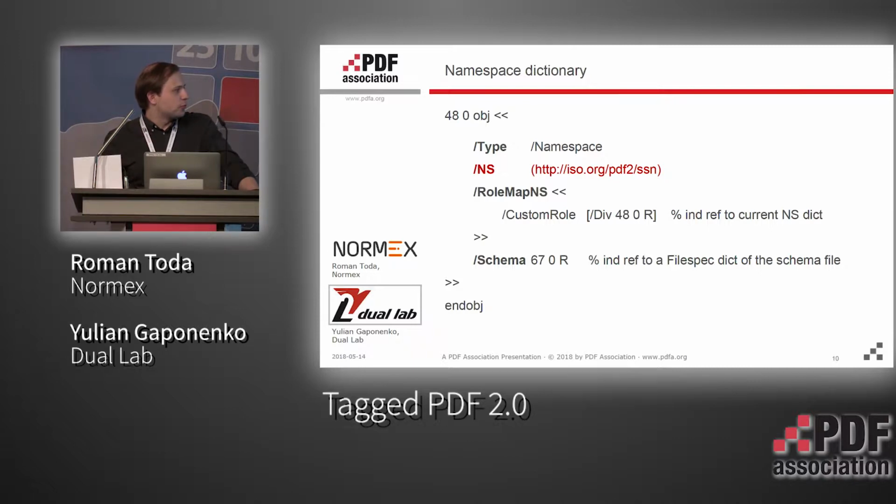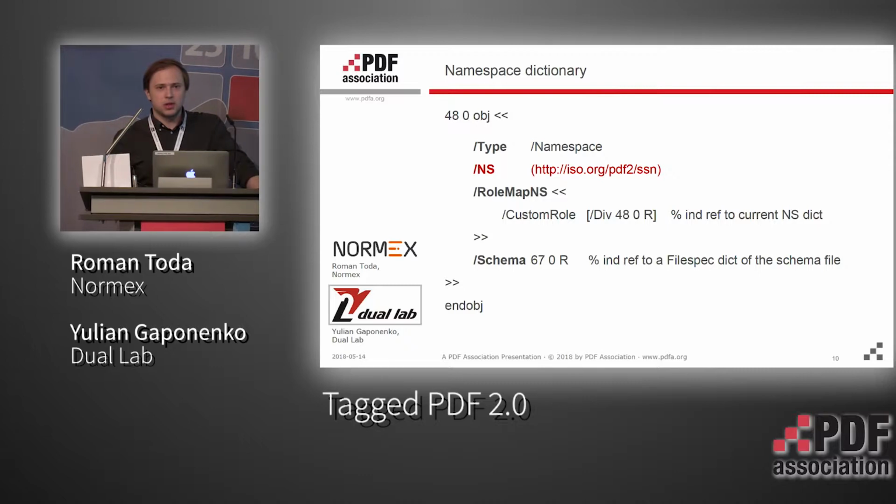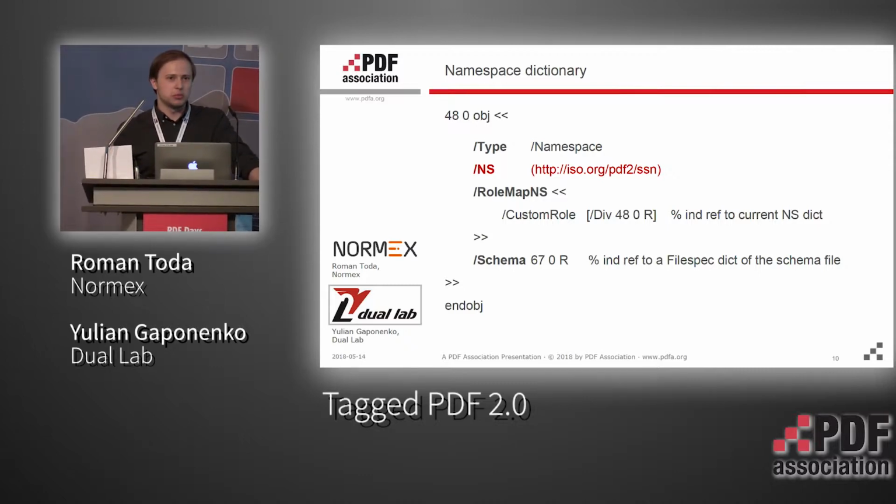Meanwhile, there are two more entries. One is Schema, and it's used to define the namespace. However, it's important to understand that it's optional. It's more like the way, if you want to put this information in the document, this is how you can do it. And there is actually no specified format for this schema. You can use some XML schema language, for example. Another entry is RoleMapNS, the namespace role mappings, which I've already talked about a bit.